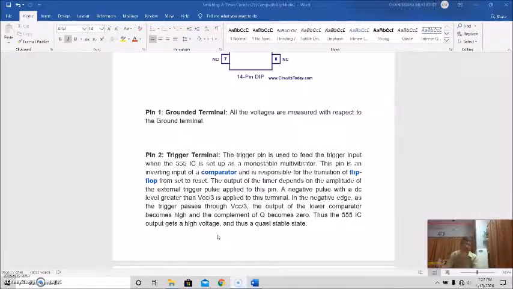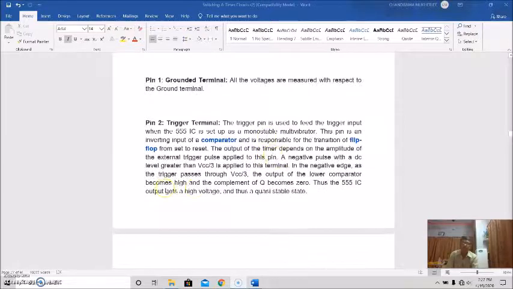Once again I am repeating this about the trigger terminal. Pin 2 is used as a trigger input pin when the 555 IC is set up as a monostable multivibrator. This pin is an inverting input of a comparator and is responsible for the transition of the flip-flop from set to reset. The output of the timer depends on the amplitude of the external trigger pulse applied to this pin.